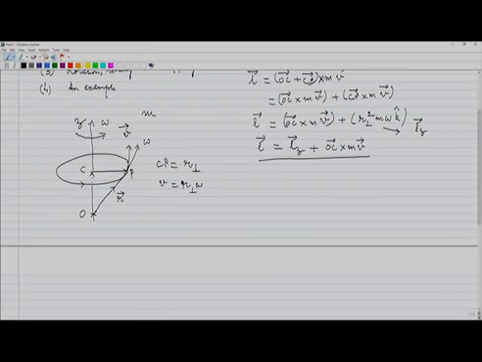Now L sub Z is parallel to the fixed axis. The direction K can be obtained from the right hand rule also.